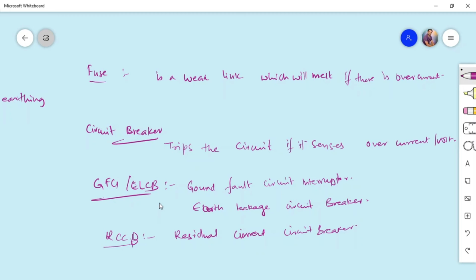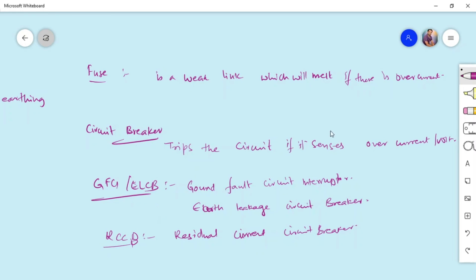Then comes the advanced one, the RCCB, residual current circuit breaker, which also does the same thing. It senses residual current, which is leakage current, and trips off the whole circuit if it is reaching the ground.